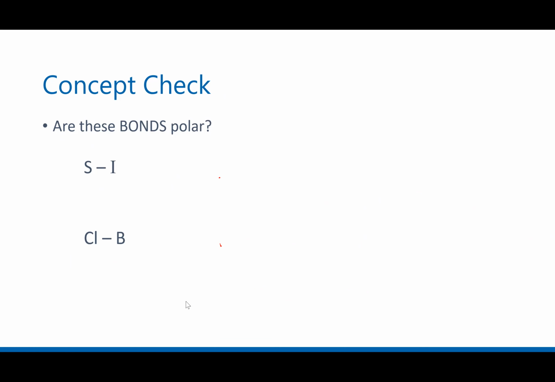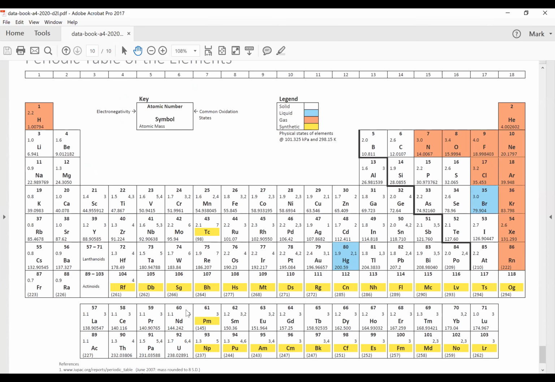Okay, so for the first bond, silicon and iodine, we have 2.7 and 2.6.